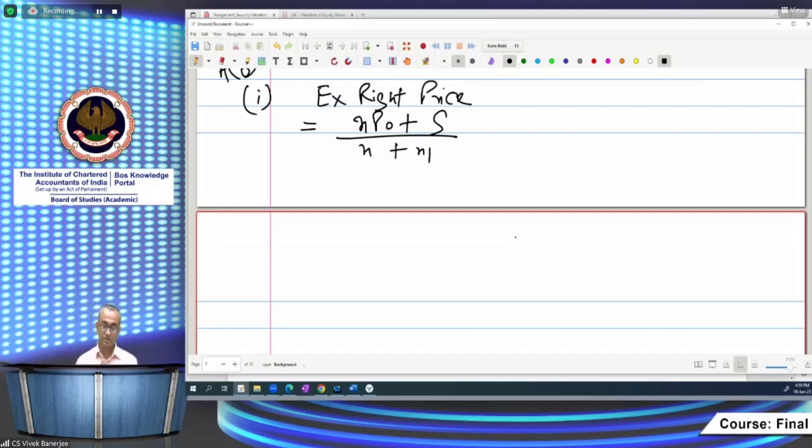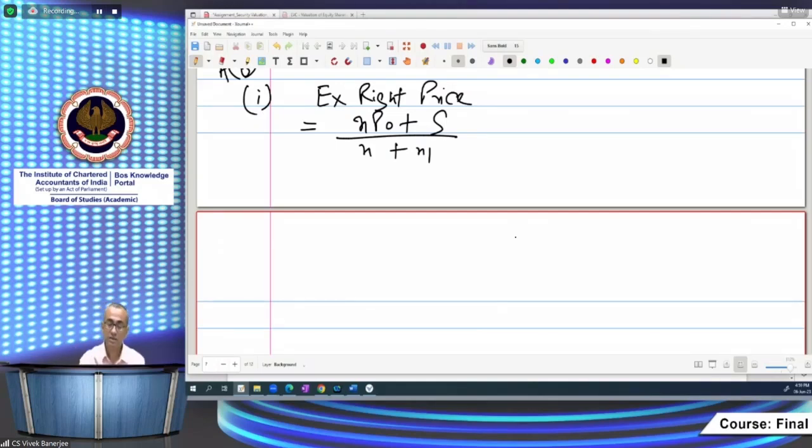It includes the total market value of the existing shares plus the total market value of the right shares, divided by the total number of shares, that is existing shares plus right shares.